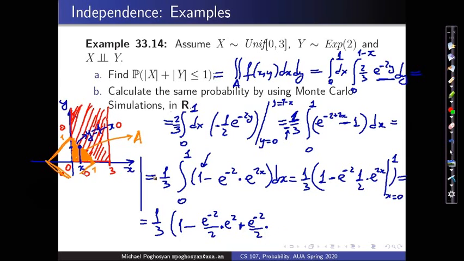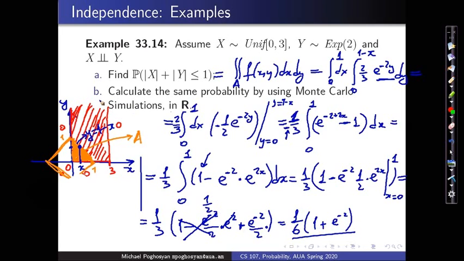So this will be enough. Okay, this is enough. I will have these two cancelled. 1 minus 1 over 2 will give 1 over 2. I can take this 1 over 2 out of this parentheses. I will have 1 over 6. So instead of this I'm erasing, I'm writing just 1 over 2. Taking out that 1 over 2, I will have 1 plus e to the minus 2. So this is the result. This is that probability we have calculated. 1 over 6 times 1 plus e to the minus 2.